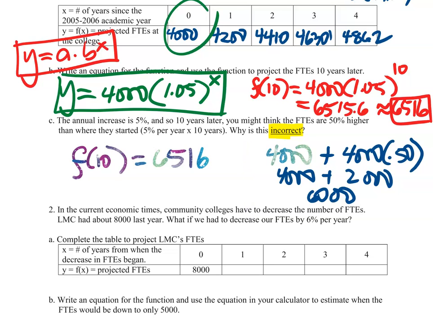And it's not the same as 6,516. So that's why it is incorrect.